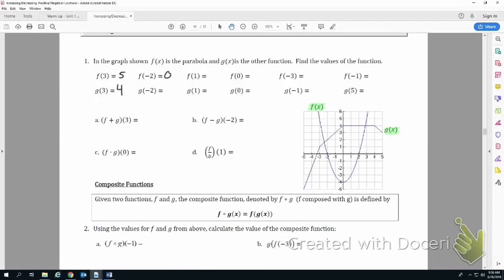G of negative 2, and go up until it hits g of x. That y value would be 2. F of 1 is negative 3. G of 1 is 4. Okay.